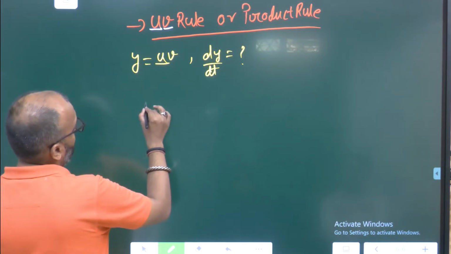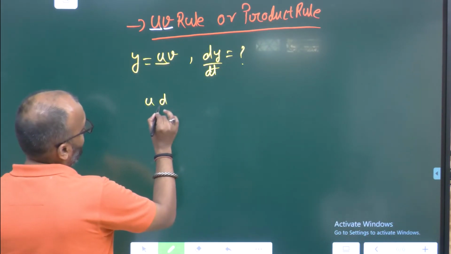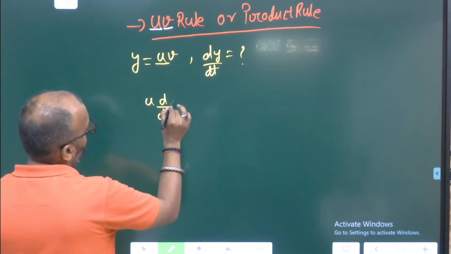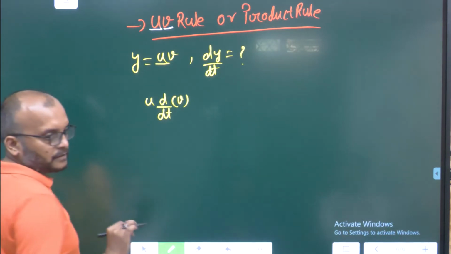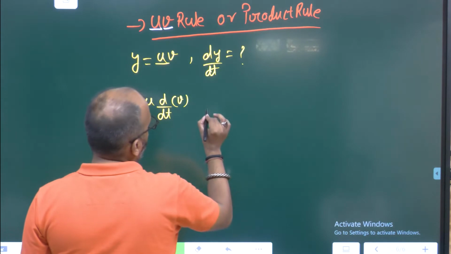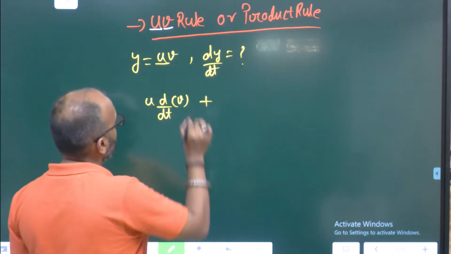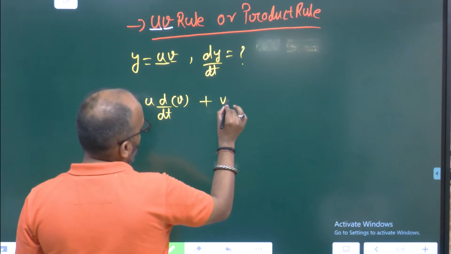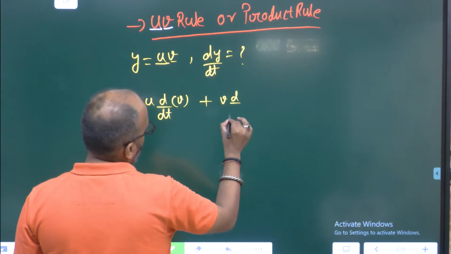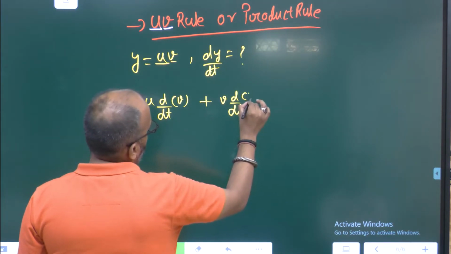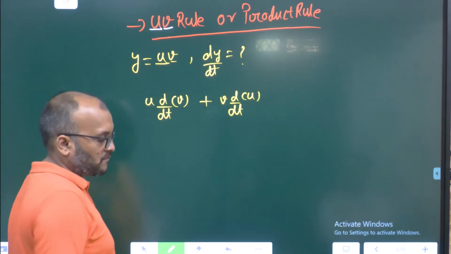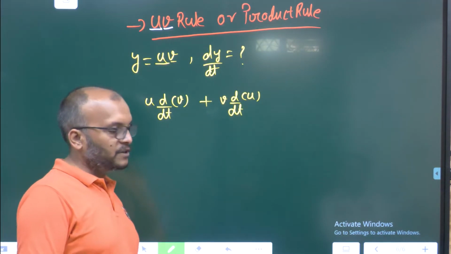Keep the first variable constant, differentiate the second variable, then put a plus sign, keep the second variable constant and differentiate the first variable. Right?